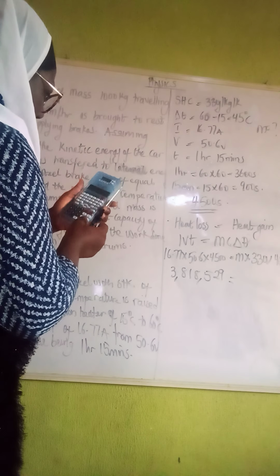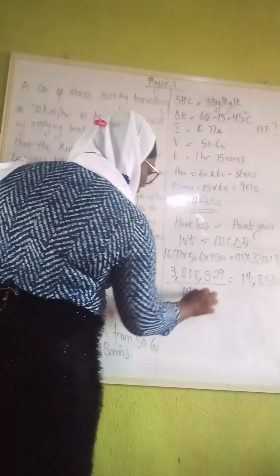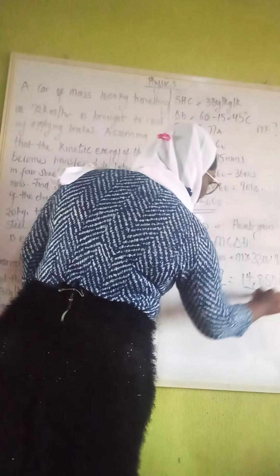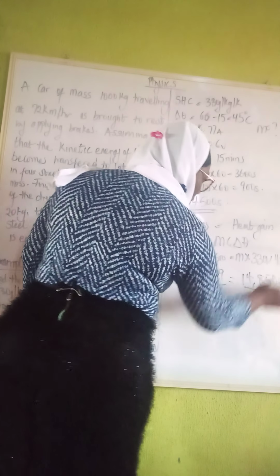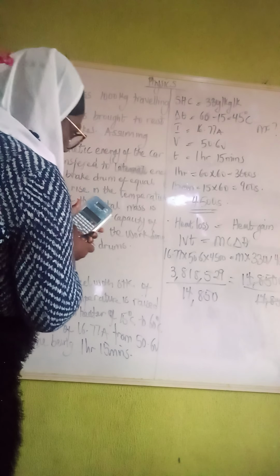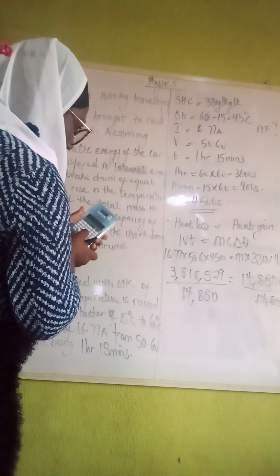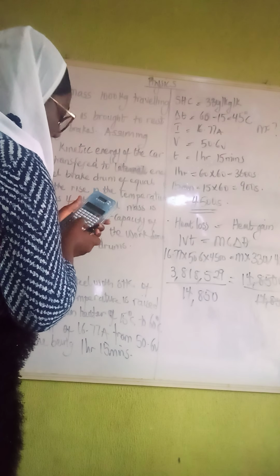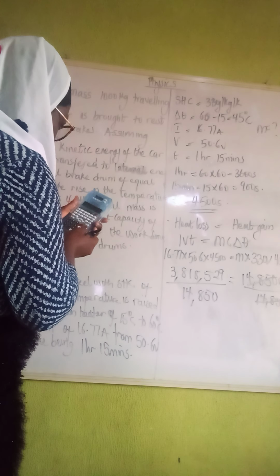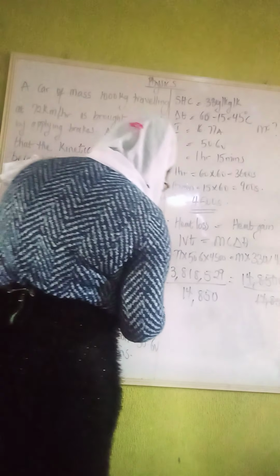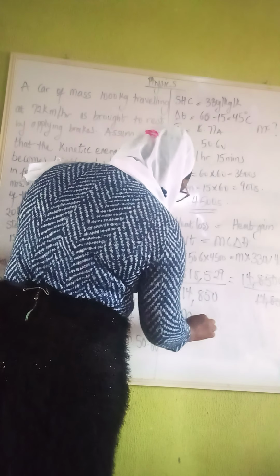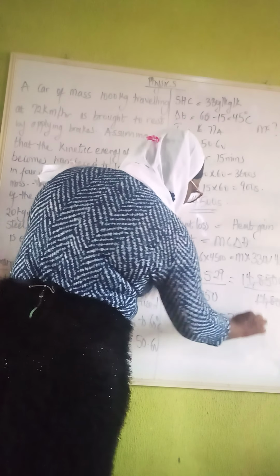That will give me 14,850 m, because it's the mass we are looking for. So divide both sides by 14,850. Divide 3,818,529 by 14,850. So here we'll be having 257 point something. So our mass will be equal to 257.14 kg, because it's the mass we are looking for.